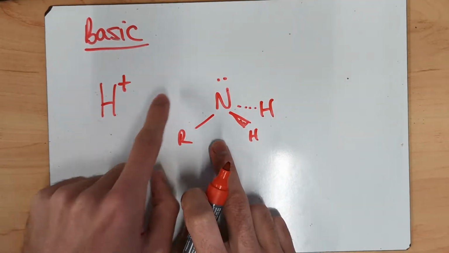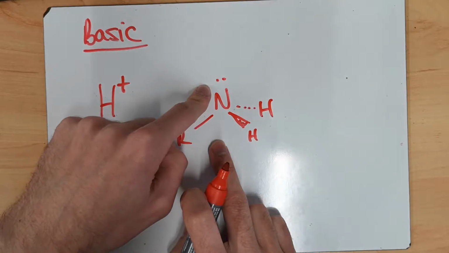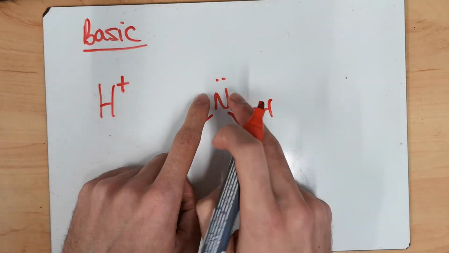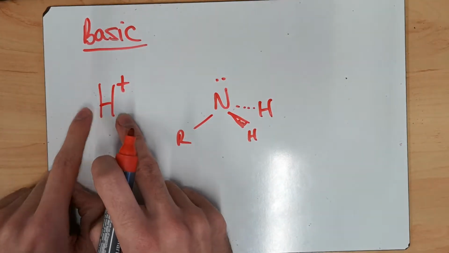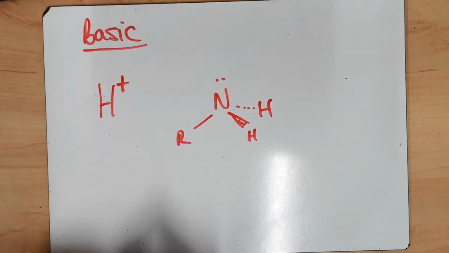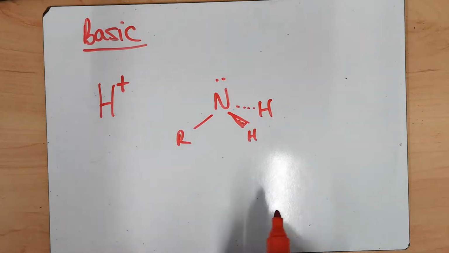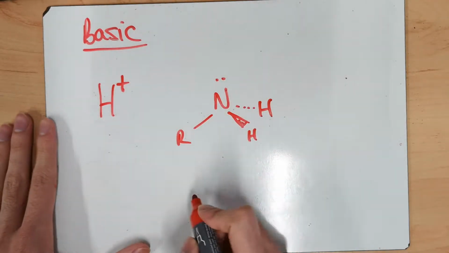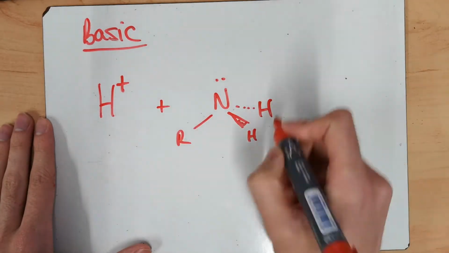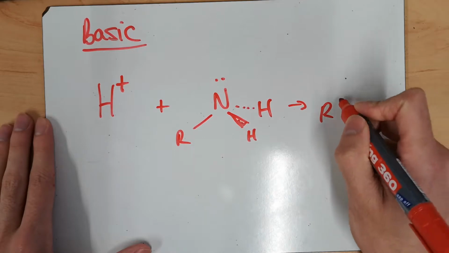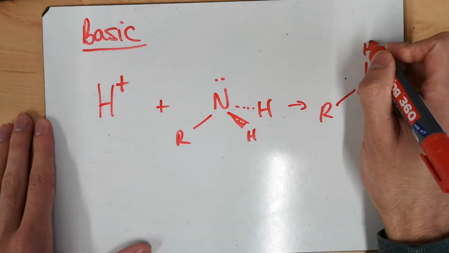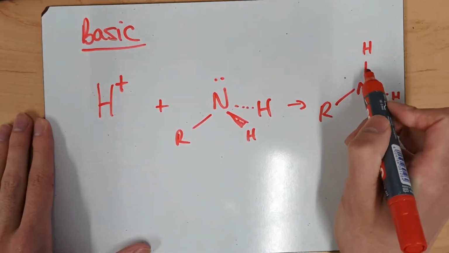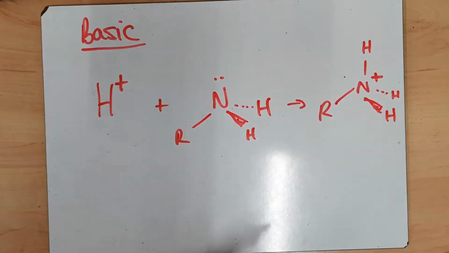Now it can donate that lone pair of electrons to this proton, or well, they can share them, but both electrons come from the nitrogen, forming a covalent bond with this hydrogen, so that's got a specific name. I'm sure it's in the back of your brain for it. And if you said there, dative covalent bonds, excellent. What happens is this H+ goes with our primary amine, and we get our dative covalent bond here, and that makes the nitrogen overall positive.